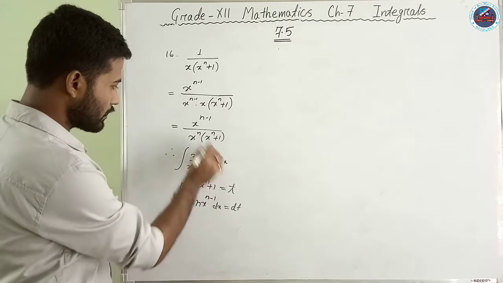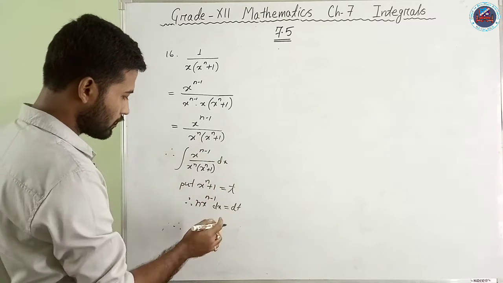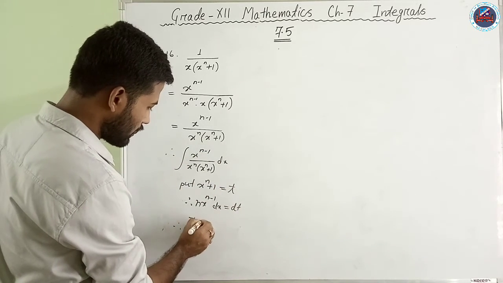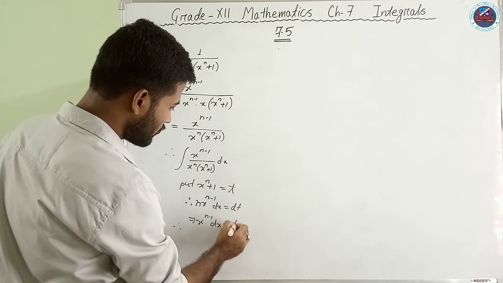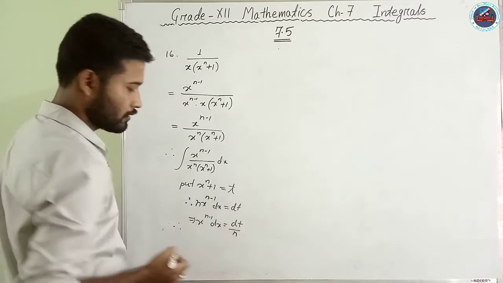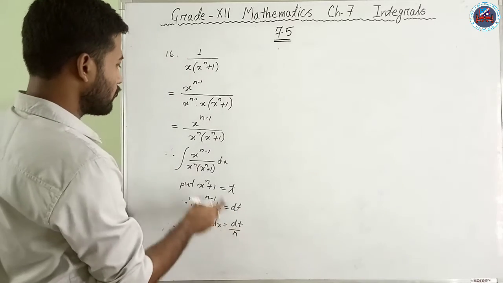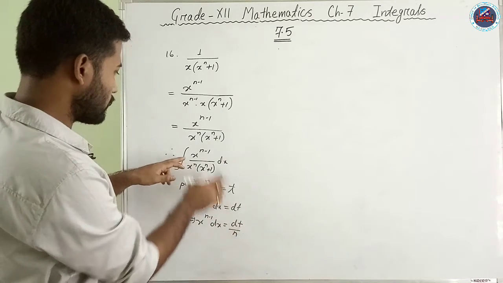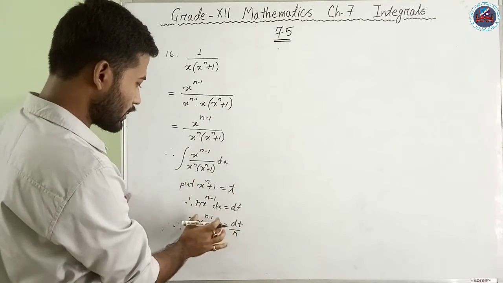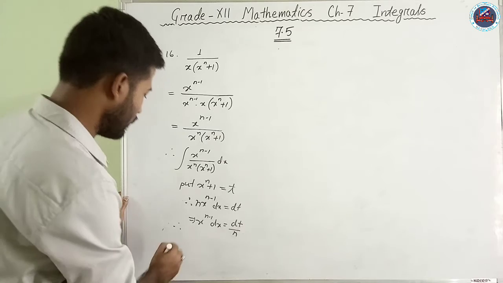So x to the power n minus 1 dx will be equal to dt by n. Fine. Now this n is a number, so nothing to worry about that.